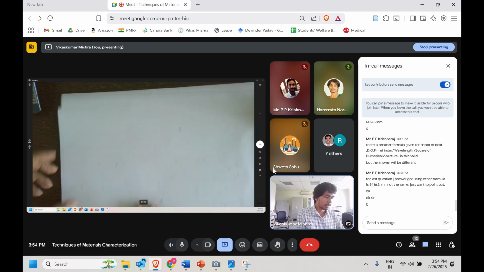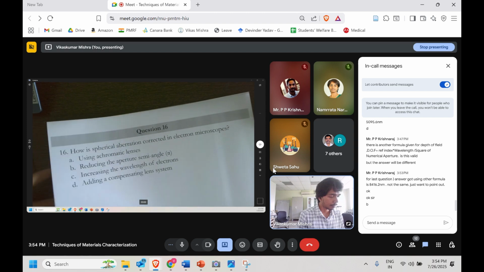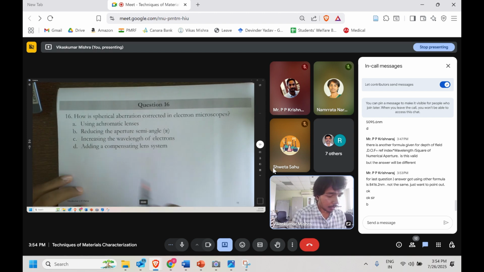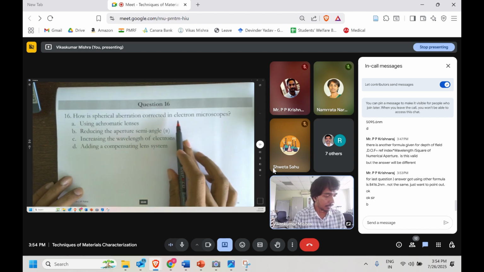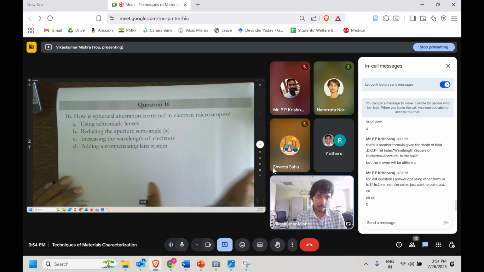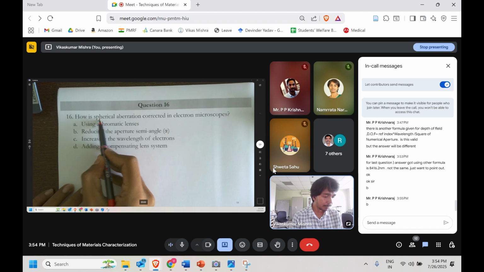Let's go to question number 16. How is spherical aberration corrected in the electron microscope? Again, this also we have discussed in the last question. Let me know what the right answer is. We want to correct the spherical aberration.